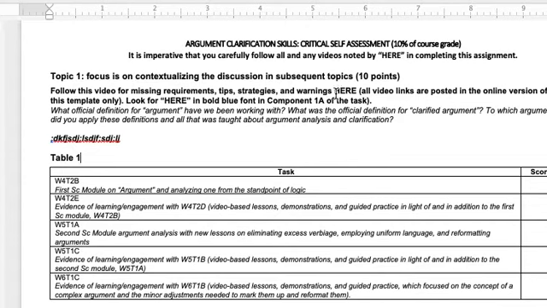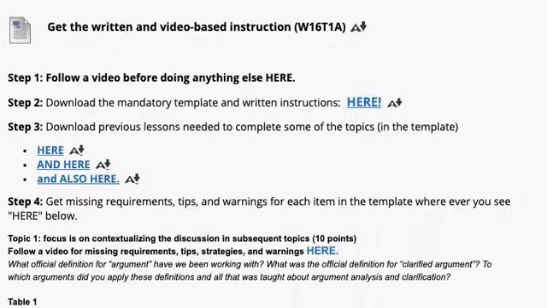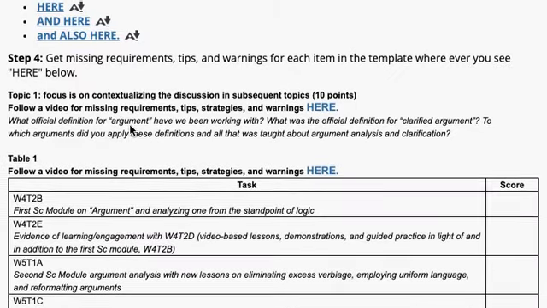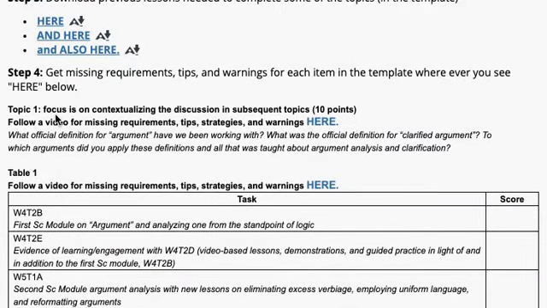If you think it would help you get the information better, then what I would recommend is read about topic 1 on your own. But then as soon as you're done doing that, go here to step 4 and read topic 1 with me. Click on here for the video that goes with topic 1. I'll reread this and then I'll make points, and you'll want to take notes about what I'm looking for.